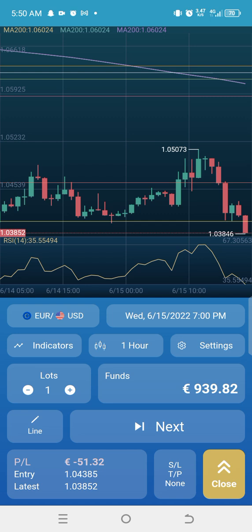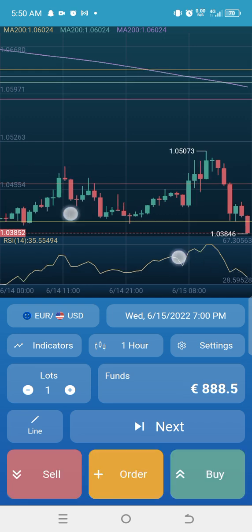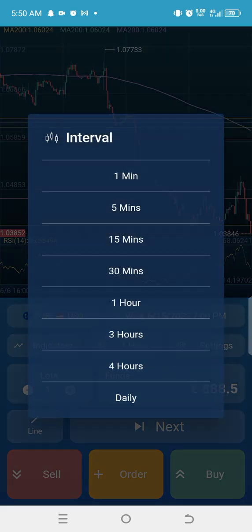Stopped out, which is okay. So let's look for another area of trade.